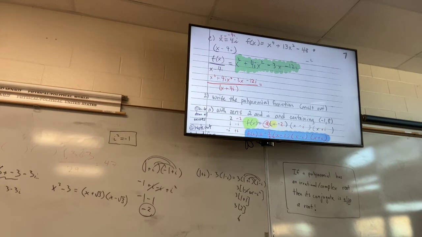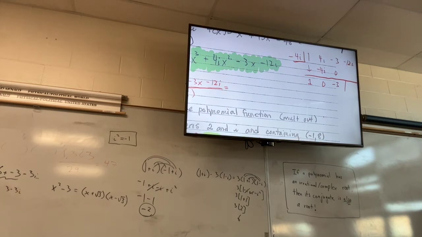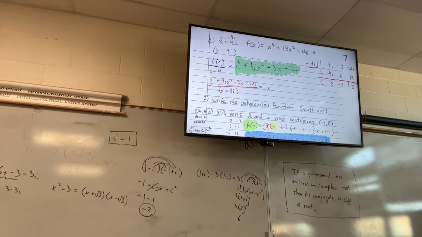So put minus 4i in the crow's nest. Okay, and then 1 times 0 is 0. Negative 3 plus 0 is negative 3. Negative 4i times negative 3 is positive 12i. Add those up, we get 0. So this equals x squared minus 3 again, right?